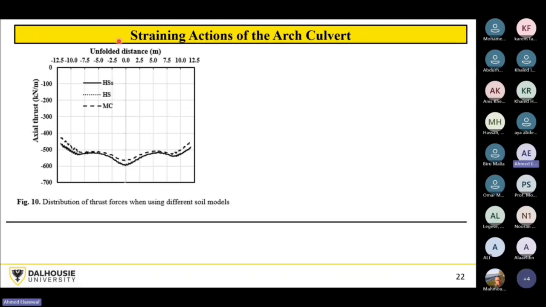Okay, the final results here are about the axial thrust, which is used to design the corrugation and to select the corrugation profile. For the axial thrust along the unfolded distance, the HS and the HSS model are giving very close estimates, but the Mohr-Coulomb model is underestimating the thrust force.